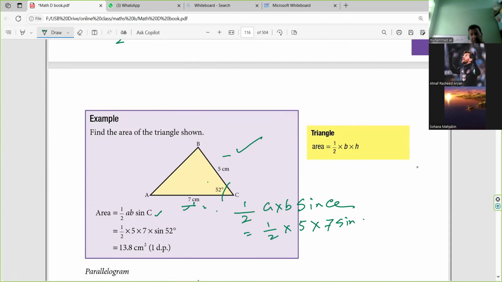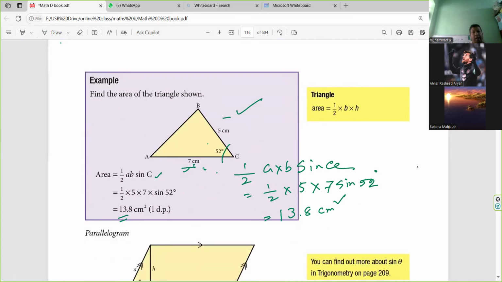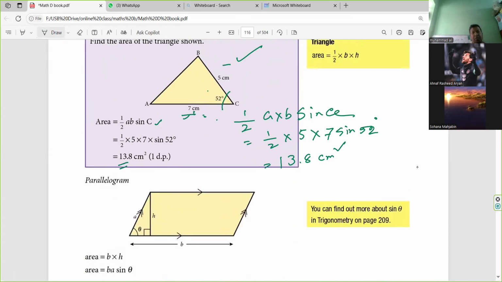This is sine C, C is 52 degrees. If you press the calculator, you will get 13.8 centimeter square.